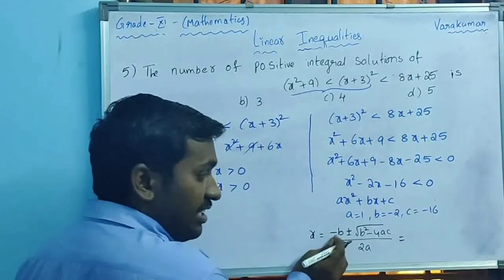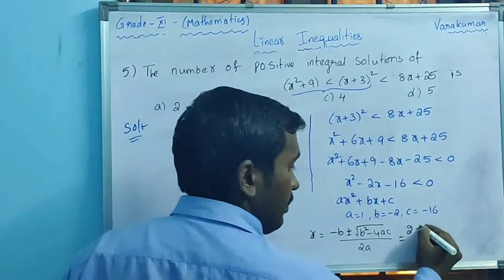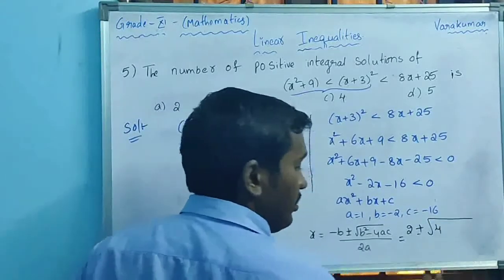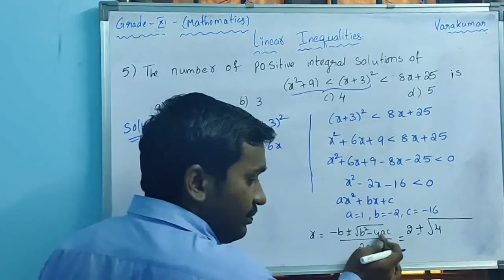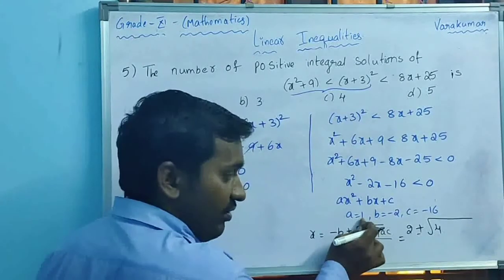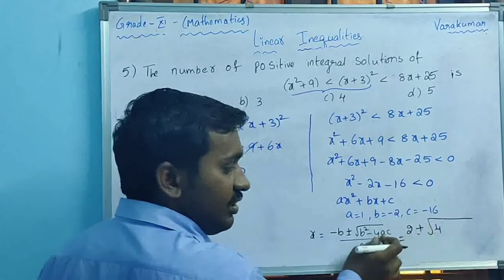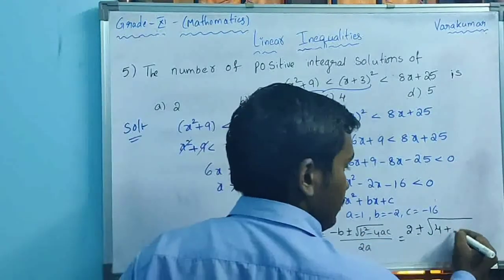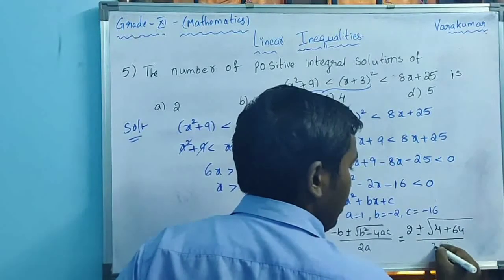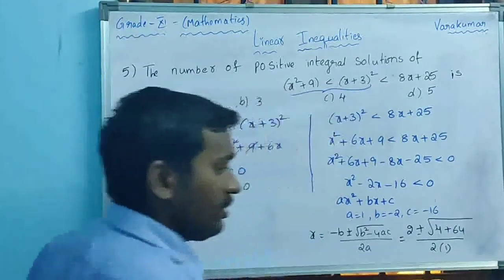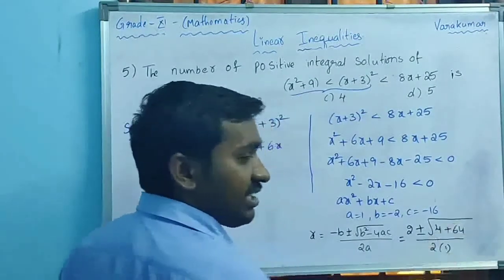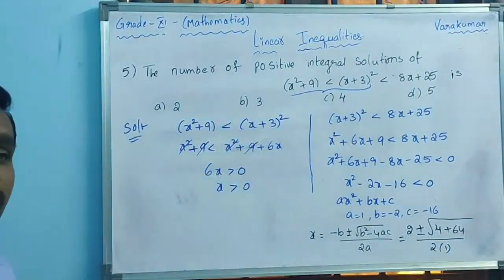Minus b, so minus of minus 2, which is 2, plus or minus root of minus 2 whole square, which is 4, then 4 into a, 1, into minus 16. So 4 into 16, 64, plus 64, by 2 into a, which is 1. Okay. Now, so 2 plus or minus root of 4 plus 64. What is 64 plus 4? Which is 68.